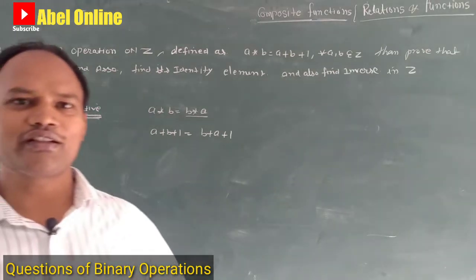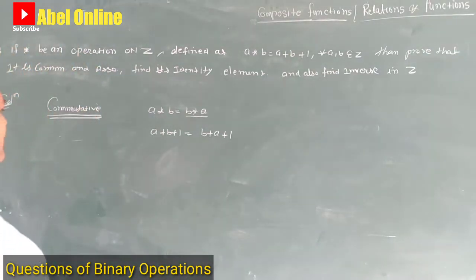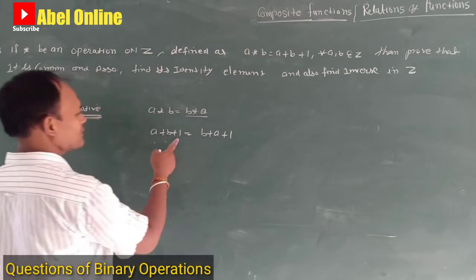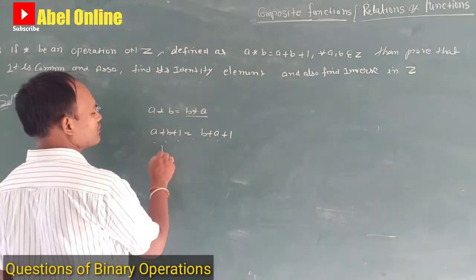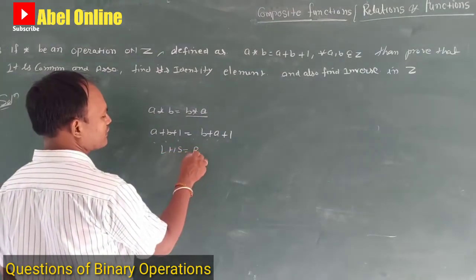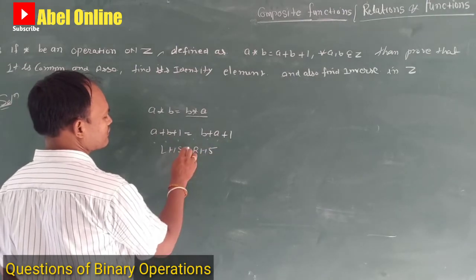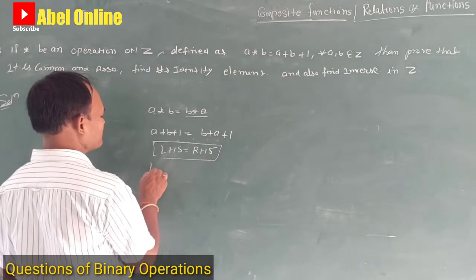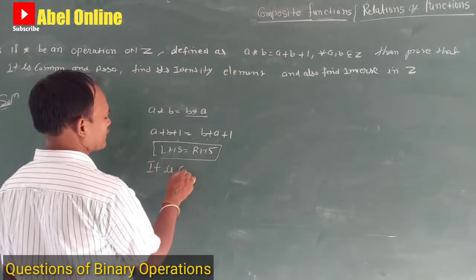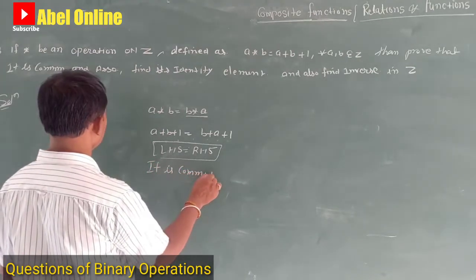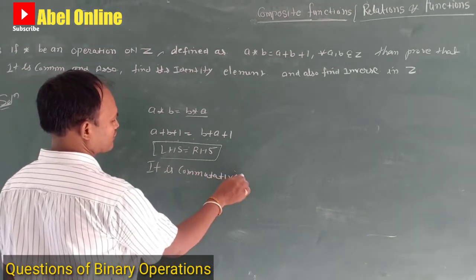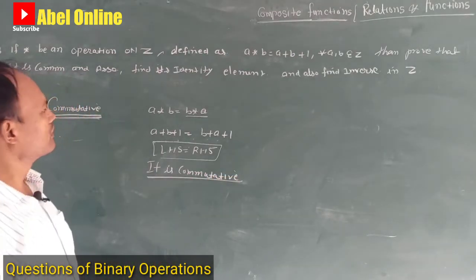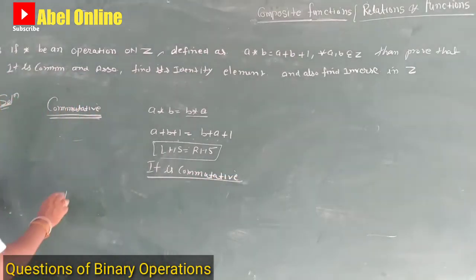Students, we may think that this is a very simple question. A plus B plus 1 and B plus A plus 1 are both equal, means LHS equal to RHS. So we can say that it is commutative.